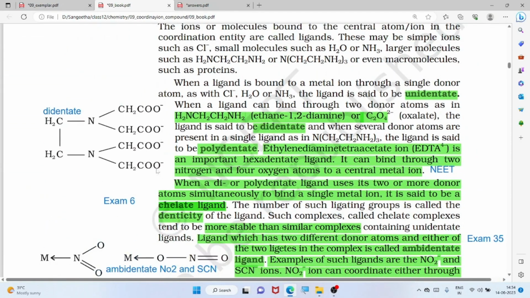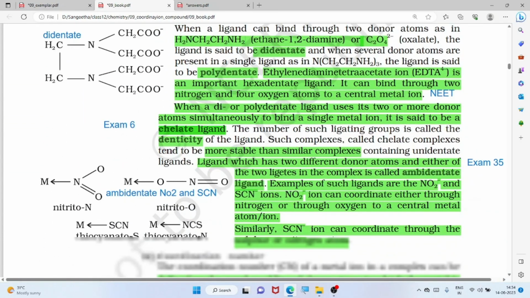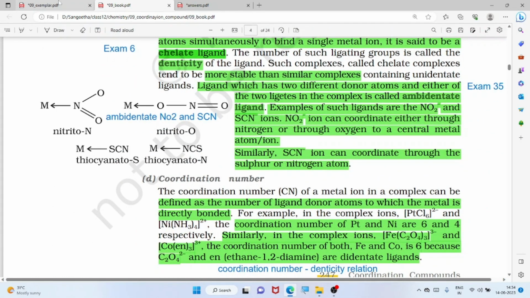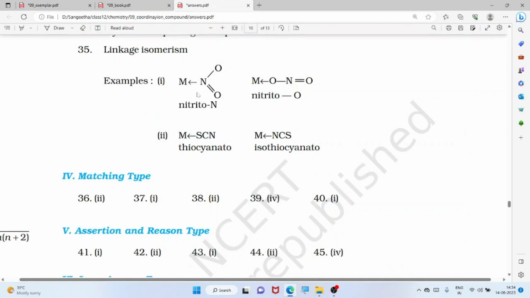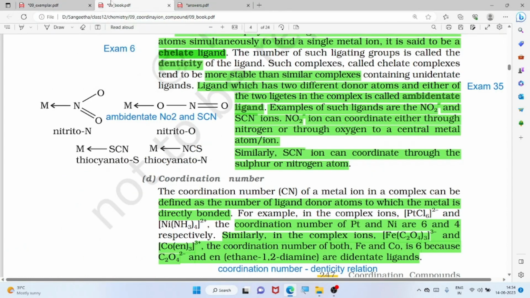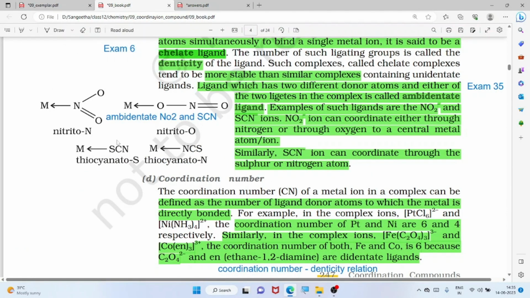So we have these isomers. Nitrothiocyanate. Okay.